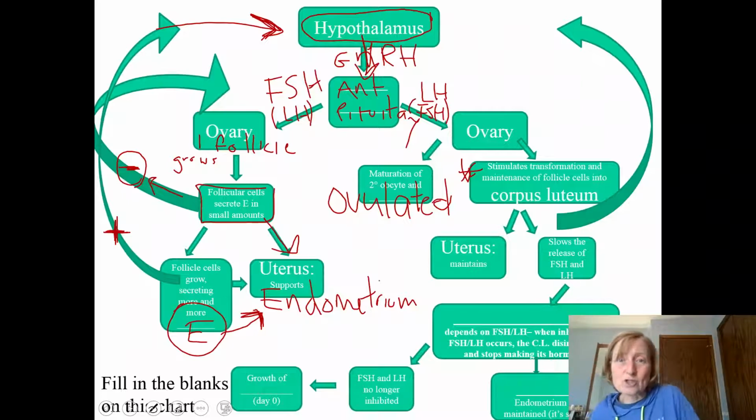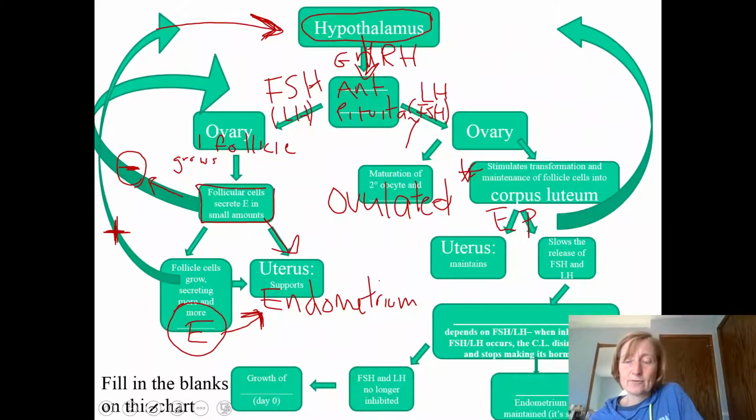Well, it's LH that targets the ovary and tells those follicle cells, okay, now you're your own gland, you're called the corpus luteum, we're going to maintain you. So the LH helps to maintain that corpus luteum. The corpus luteum starts pumping out its own hormones. It pumps out estradiol and progesterone.